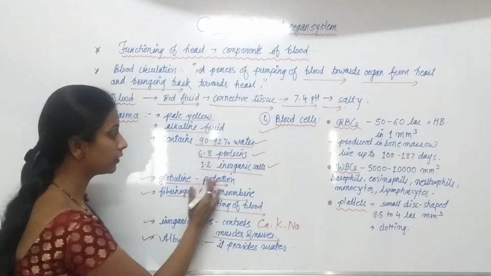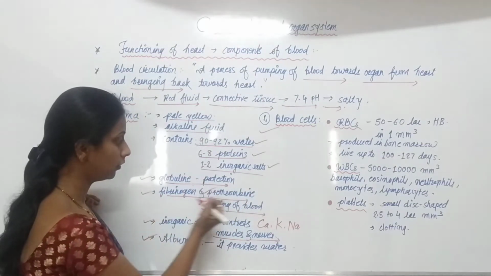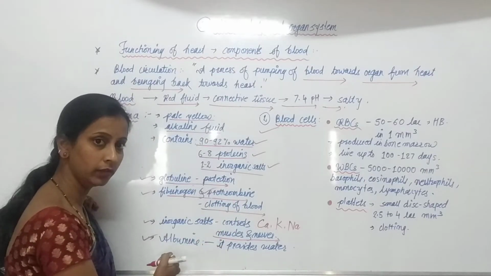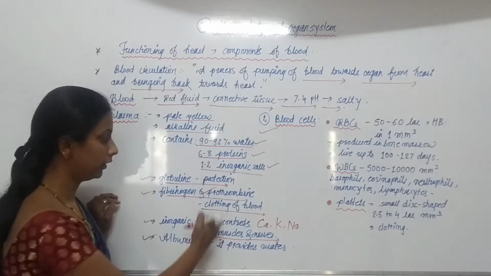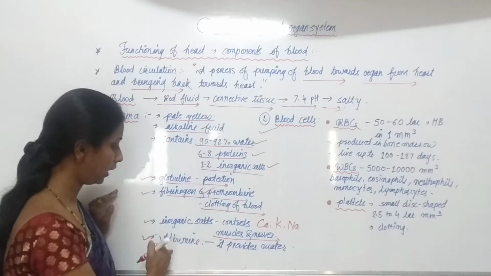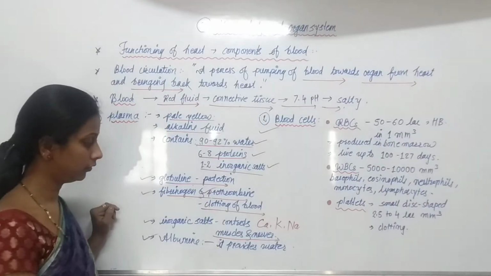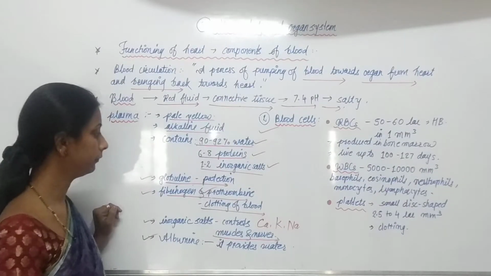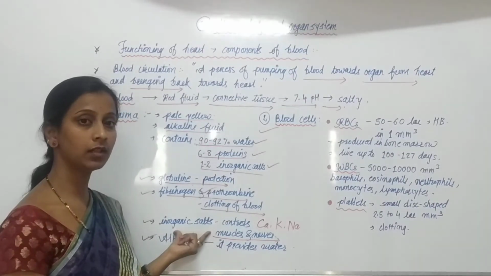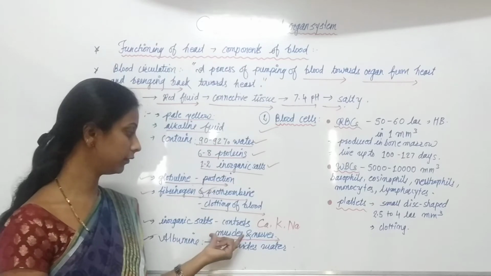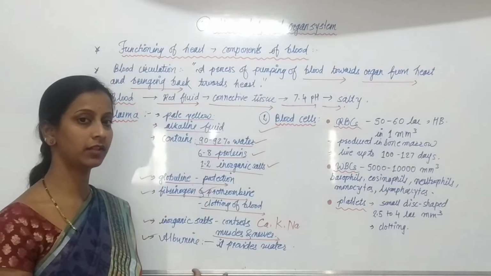Globulin, which functions as protection from pathogens, fibrinogen, prothrombin, and albumin. Okay, fibrinogen and prothrombin take part in the clotting of blood. Albumin supplies water all over the body to the blood. Okay, then inorganic salts. These inorganic salts control the muscles and nerves. Okay, so this is about blood plasma.